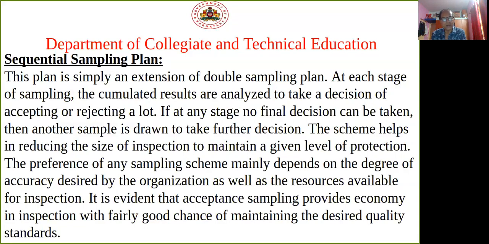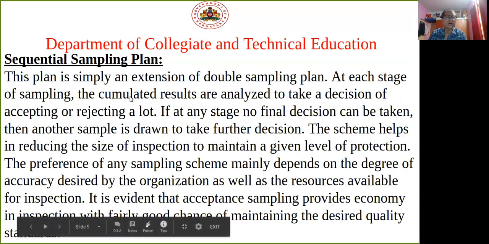The preference of any sampling scheme mainly depends on the degree of accuracy desired by the organization as well as the resources available for the inspection. It is evident that acceptance sampling provides economy in inspection with a fairly good chance of maintaining the desired quality standards. So that is what it is.